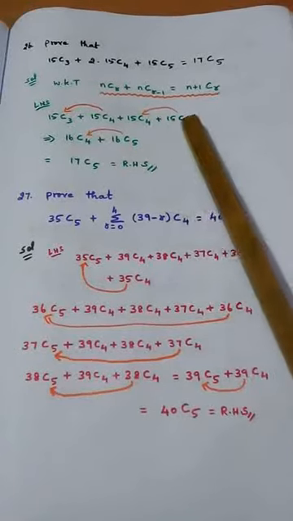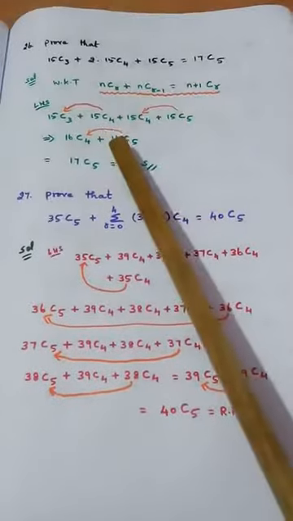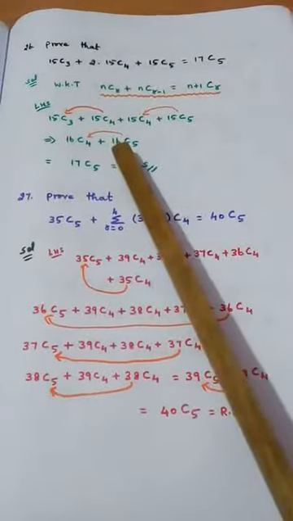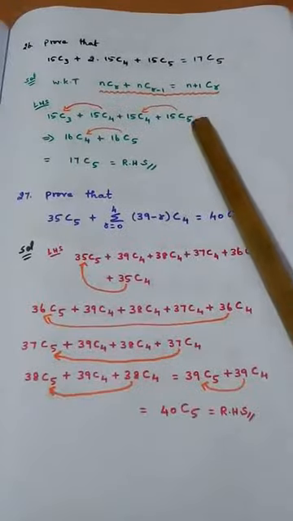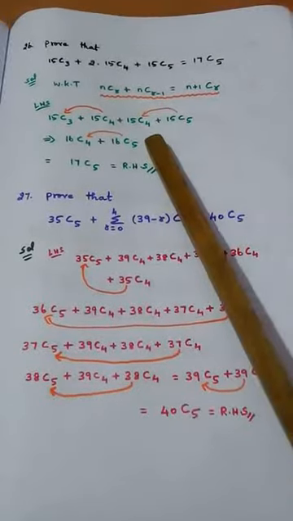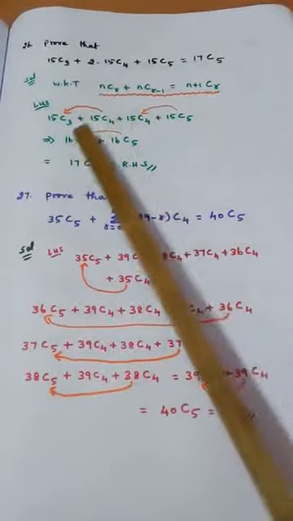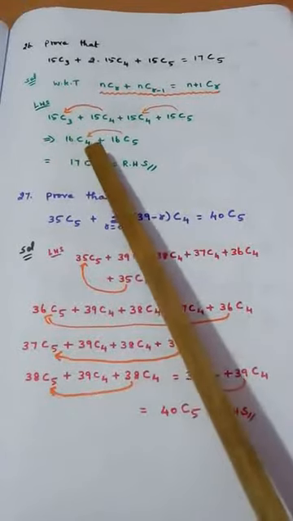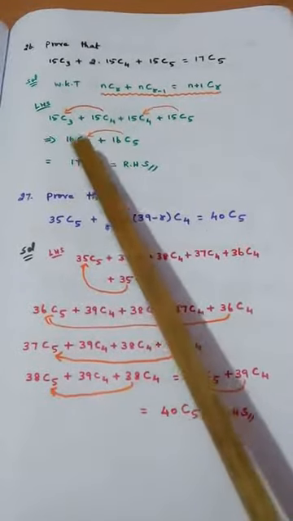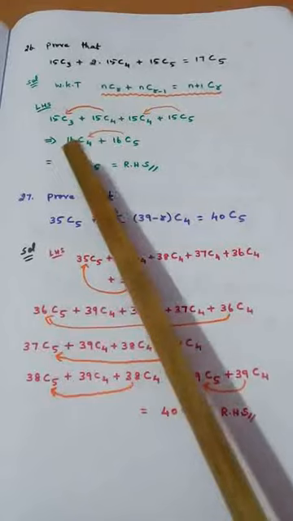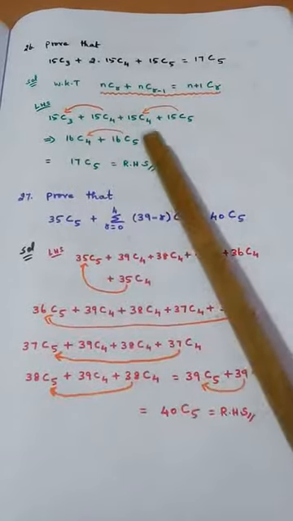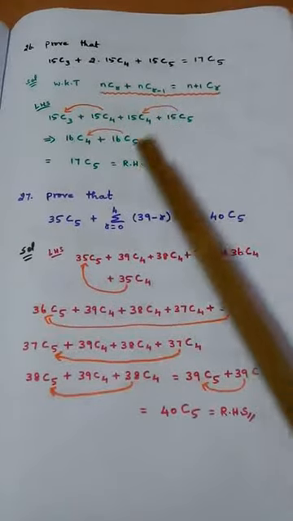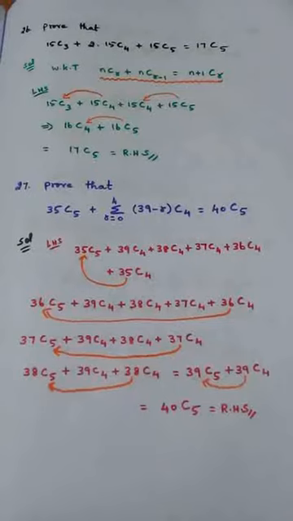So these two can be combined and written as 16, because n plus 1 is 16, C5. Again combine using the same formula, nCr and nCr minus 1, 5 and 4. So 16 plus 1 is 17C5, which is the RHS. So we proved the result here.